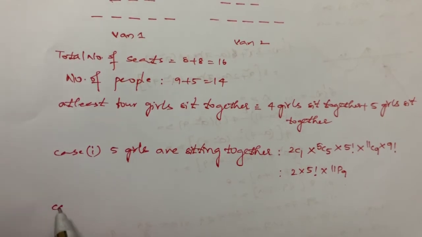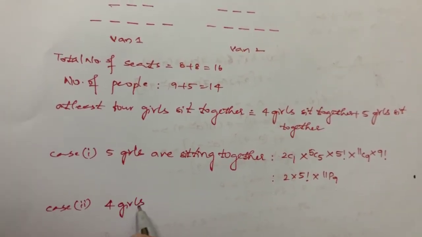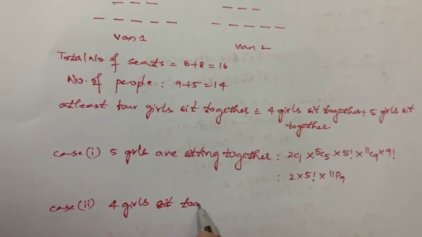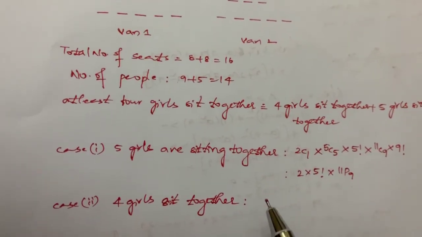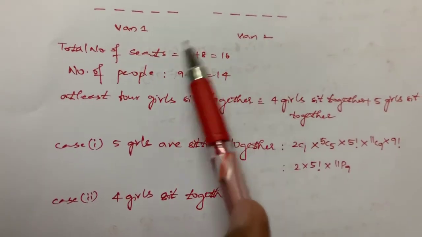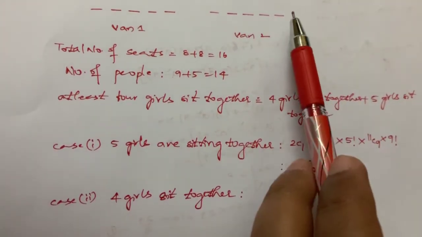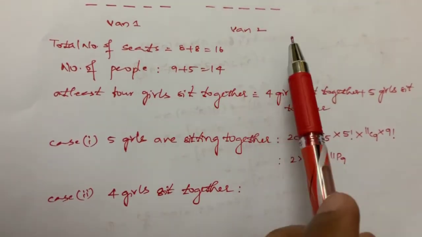And then case 2, 4 girls sit together. Here the 4 girls are sitting together, so the 5th seat can be vacant or it can be filled with a boy, because we have 2 choices here.